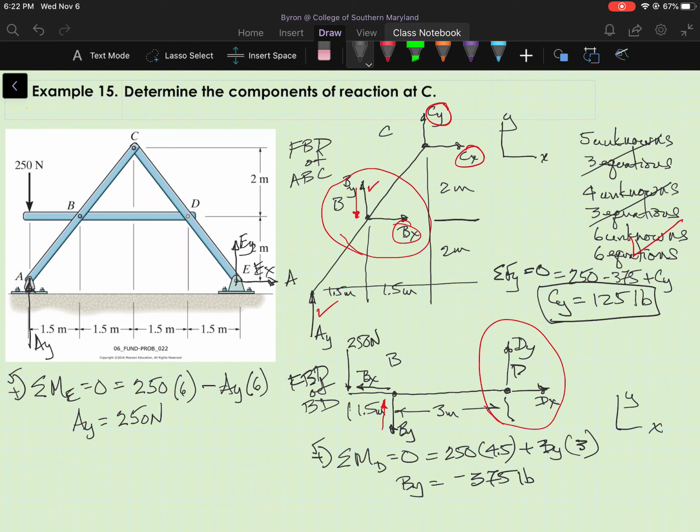And to get C sub x, I've solved for C sub y. To solve for C sub x, if I sum forces in the x direction, B sub x is still unknown. So I'm going to have 2 unknowns in that equation. I would have to go back to the free body diagram of BD and solve for B sub x.